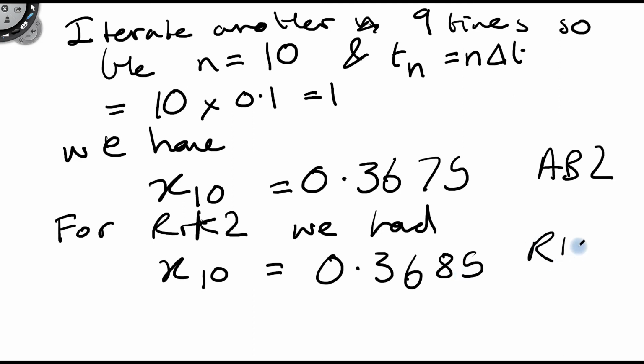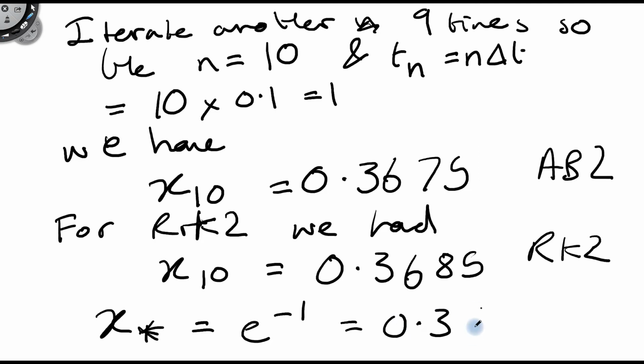That was RK2, and we know that x star, the true solution, is e to the minus 1, which is 0.3678. So actually AB2 is slightly closer in the 4th decimal place to the true solution.